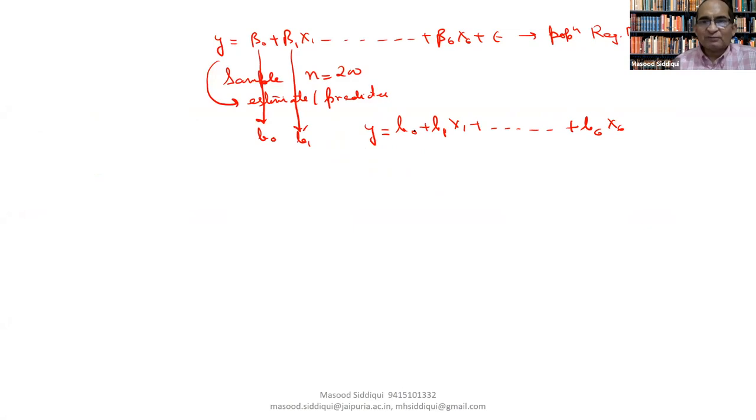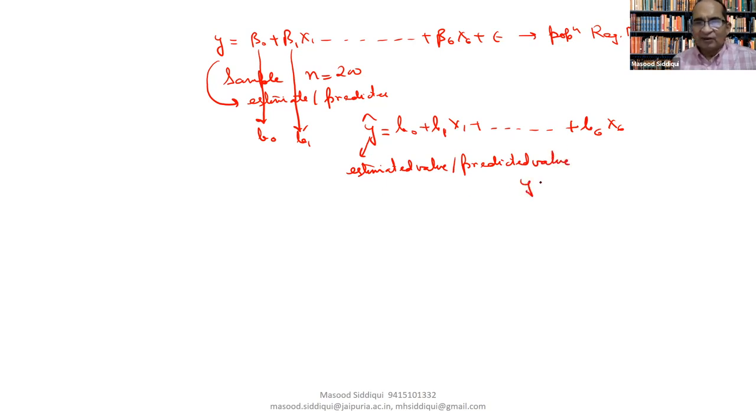So now if we substitute these values, and for a particular case we put the values of x1, x2, x6, then we are having a value of y. So this value is being estimated for a sample. This value is known as the estimated or predicted value of y, right?